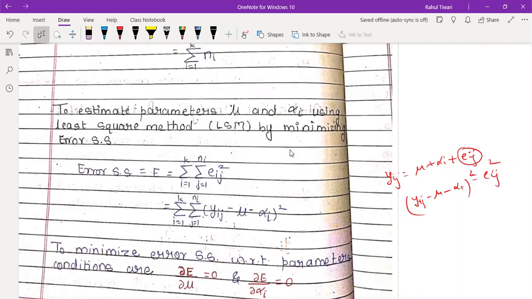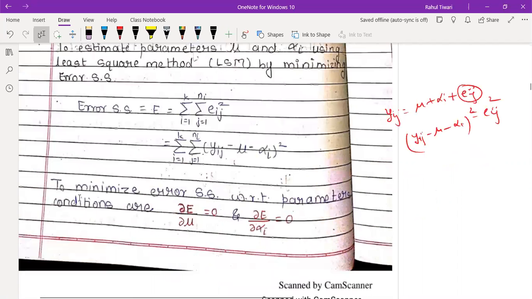Now this we have to minimize with respect to the parameters. What are the parameters? We have two parameters, mu and alpha. So to minimize the error sum of squares with respect to the parameters, the conditions are these. You can call this E. So the derivative of E with respect to mu equated to 0, and the derivative of E with respect to alpha_i, this is alpha_i, don't get confused, equated to 0.